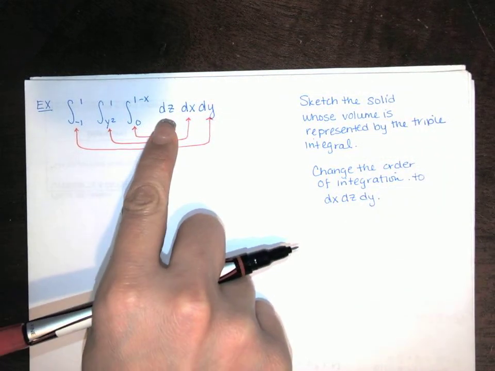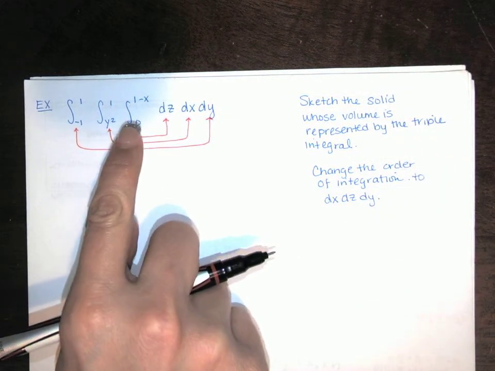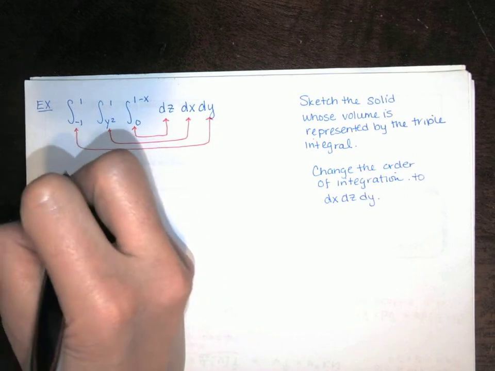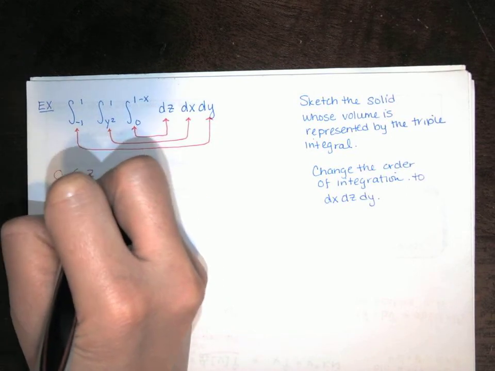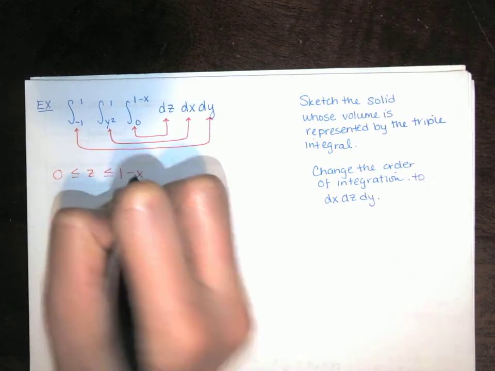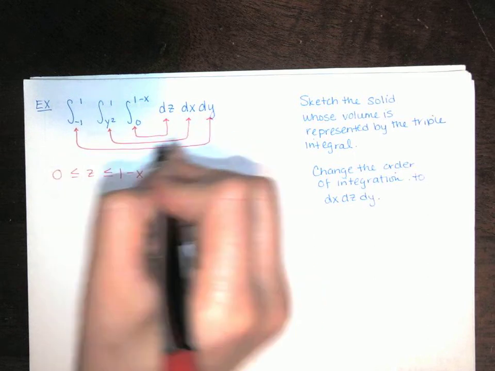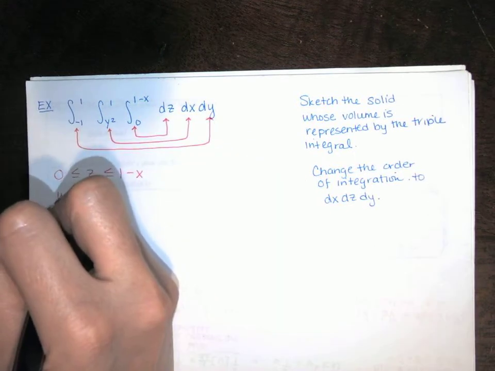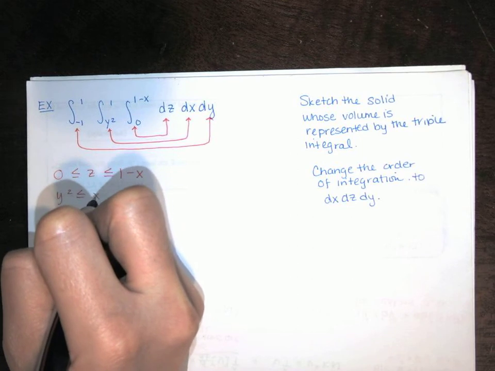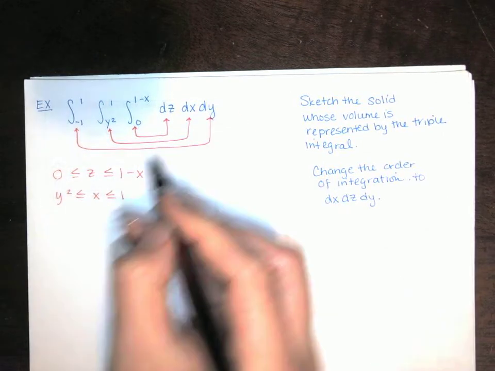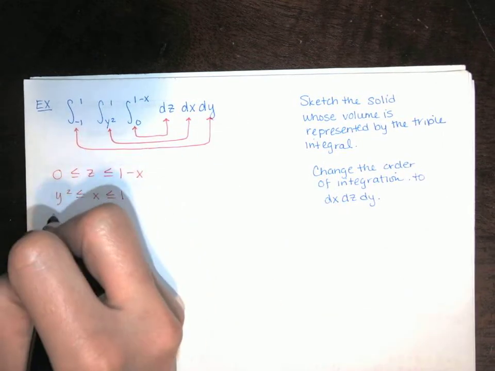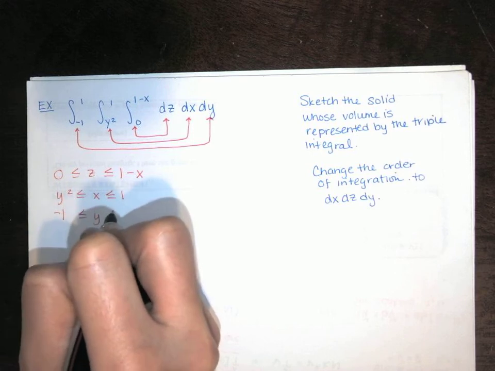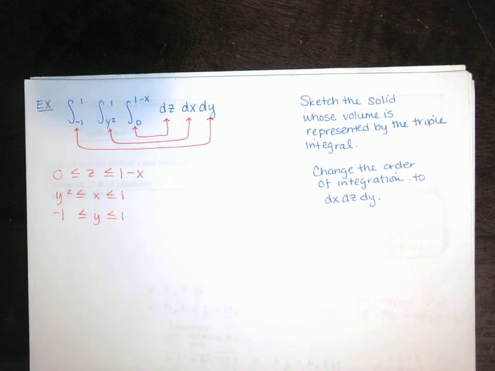These innermost bounds go with the variable z, so this is telling us that z starts at 0 and goes to 1 minus x. And this one right here tells us that x starts at y squared and goes to 1. And this one's telling us that y is between -1 and 1.